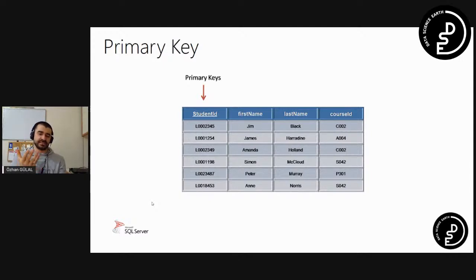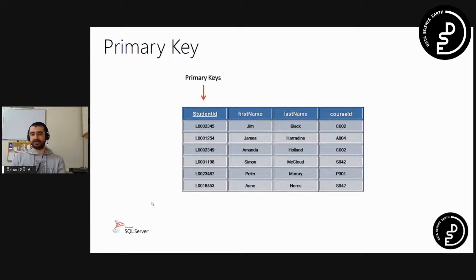If someone gives us the L302345 ID and asks who the student is, we can say this student's first name is Jim, last name is Block, and the course ID is something like that.